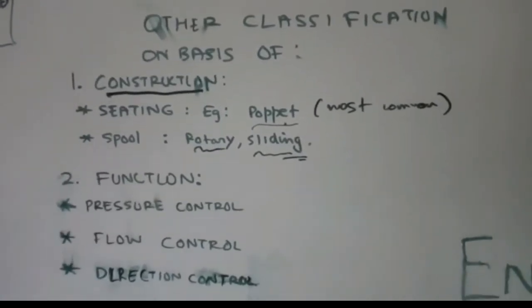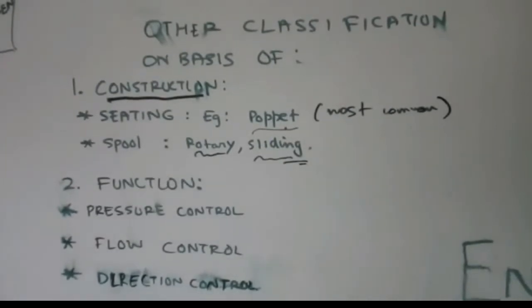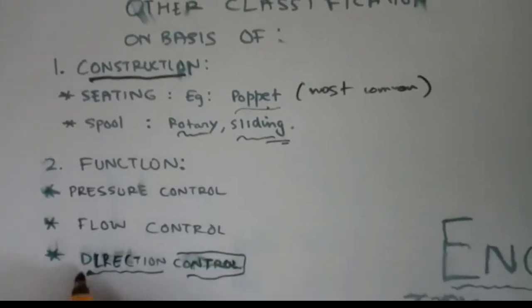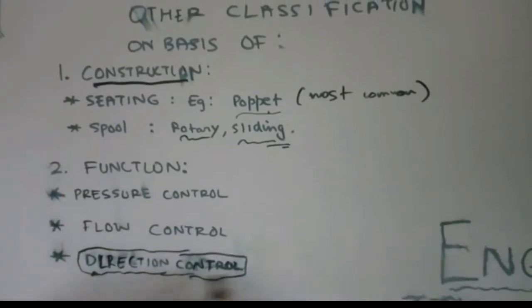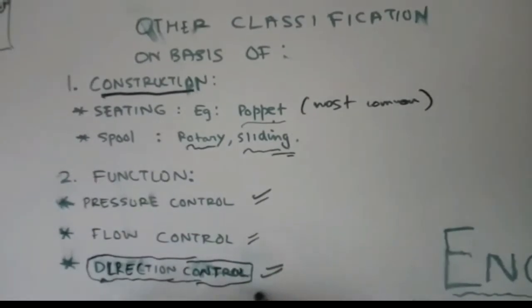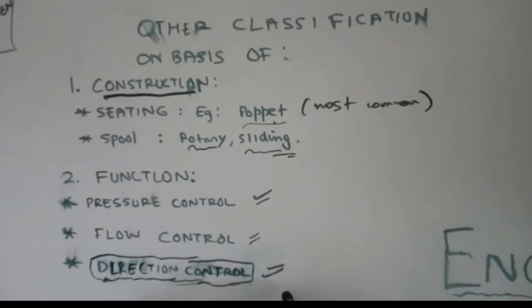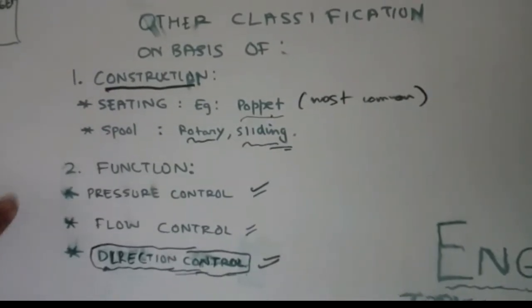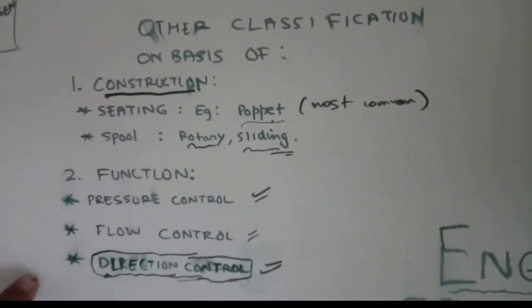A valve which is controlling the flow is a flow control valve. Controlling the direction is direction control, and there is a huge theory on these kinds of valves. They are equally important, and we will study these valves in detail.